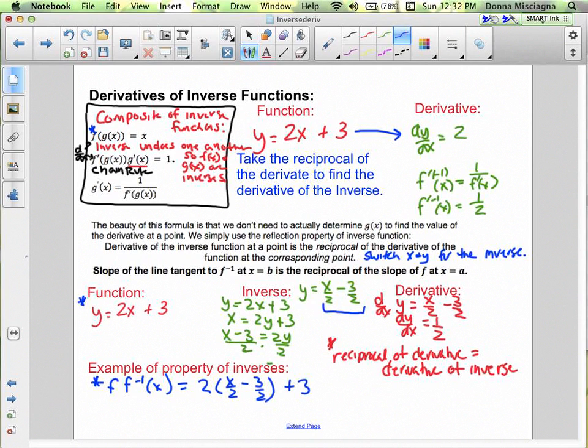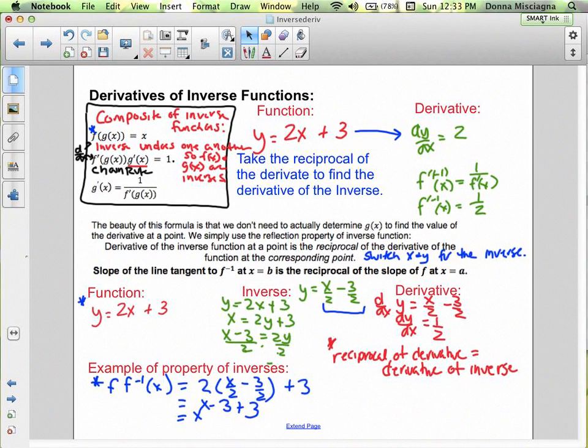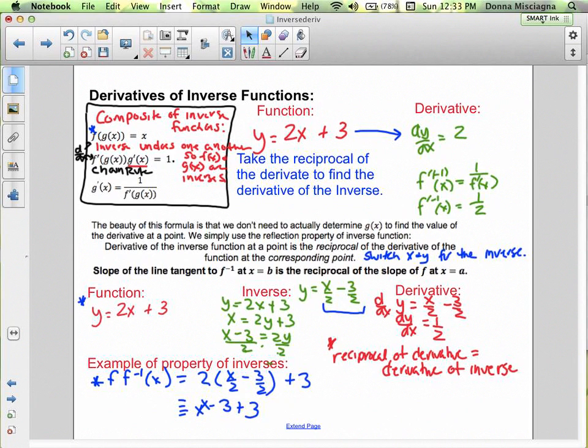If we distribute the 2, that's going to leave us x minus 3 plus 3. And x minus 3 plus 3 is just x. So you see the function and its inverse cancel each other out and leave only the x behind. That property is what allows us to find the derivative of an inverse function. It's a good thing that property exists.